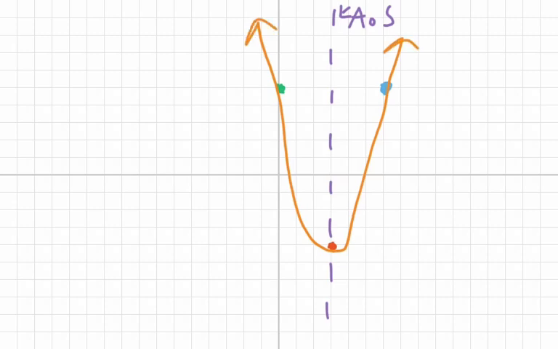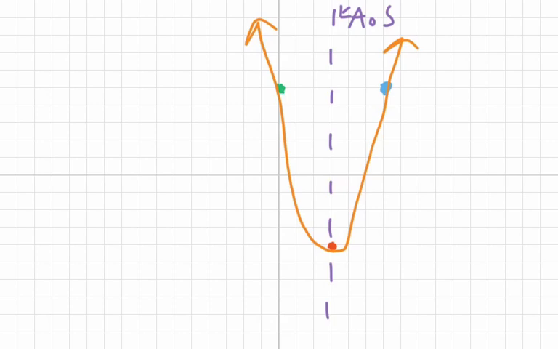Okay, so what do I need to see in order to give you full credit for your sketch of your parabola? I need to see the vertex, I need to see the y-intercept, and I need to see that mirrored point. Now, the only time this strategy really doesn't work is if the axis of symmetry is the y-axis, and that means your vertex is the y-intercept.